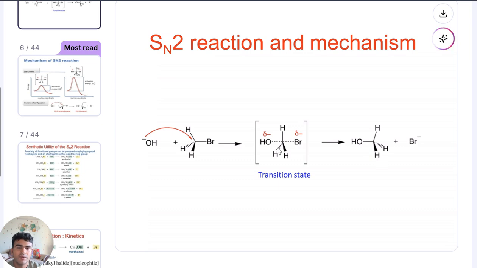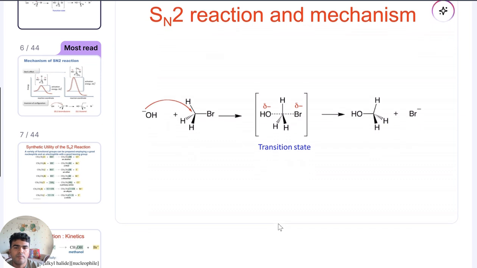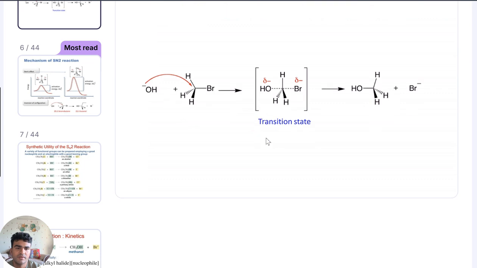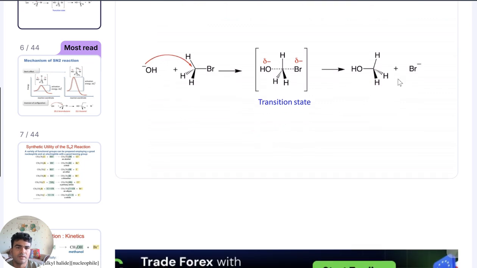The transition state, you can see, is trigonal bipyramidal. Now, in the transition state, the negative charge of OH minus is distributed, delta minus on both Br and OH. And in the product, the negative charge has come to Br minus.